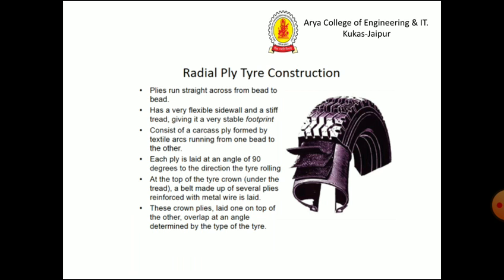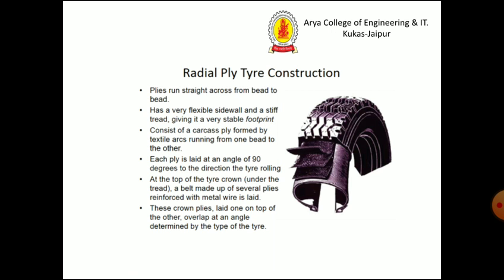Radial ply tires, in which the ply runs straight across from bead to bead, have a very flexible sidewall and a stiff tread, giving a very suitable footprint, and consist of a carcass ply formed by textile cords running from one bead to the other.